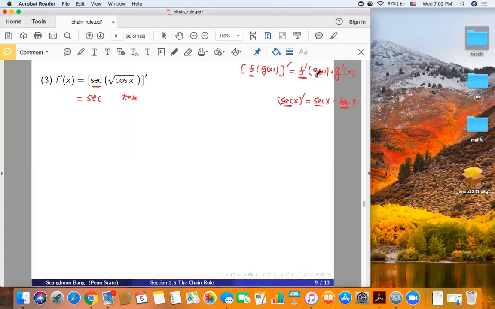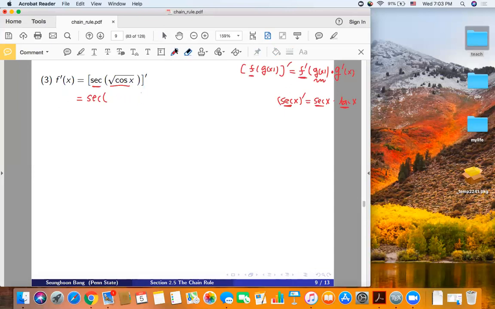One more. So this is what? F prime of g of x. So secant of inner function times tangent of inner function. What's the inner function? The inner function is square root of cosine. I can erase a little bit more here.